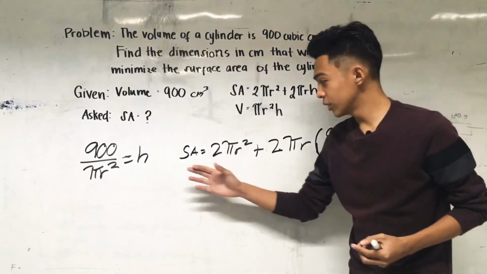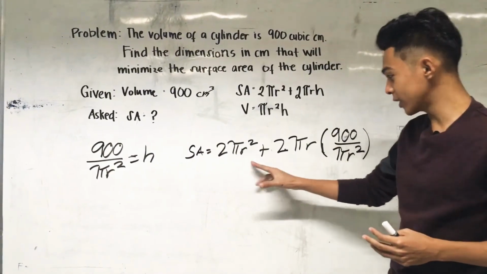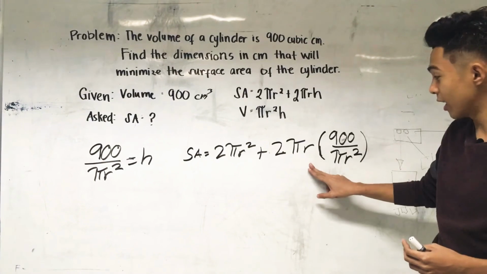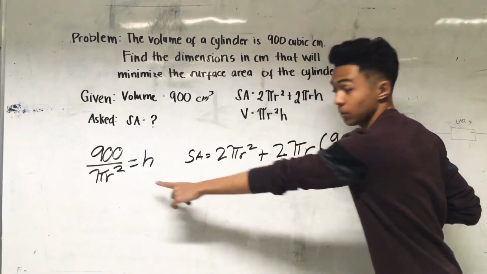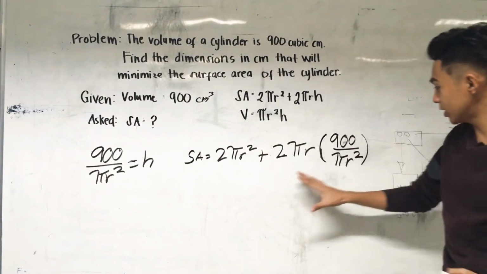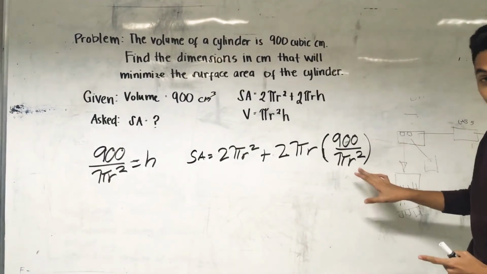So now the surface area is equal to 2 pi r squared plus 2 pi r, and we substitute the value of h, which is 900 over pi r squared.